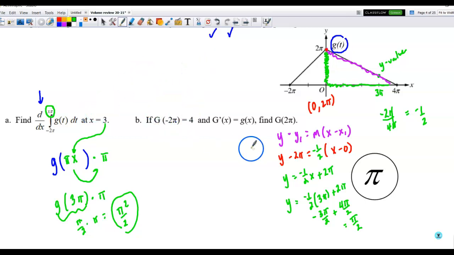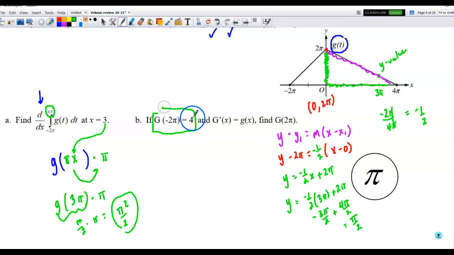All right, and then, let's see, I don't want to erase this in case I need it. If big G, so that's the antiderivative of little g, big G of negative 2 pi equals 4, and big G prime is g of x, find G of 2 pi. All right, so this is a given condition.